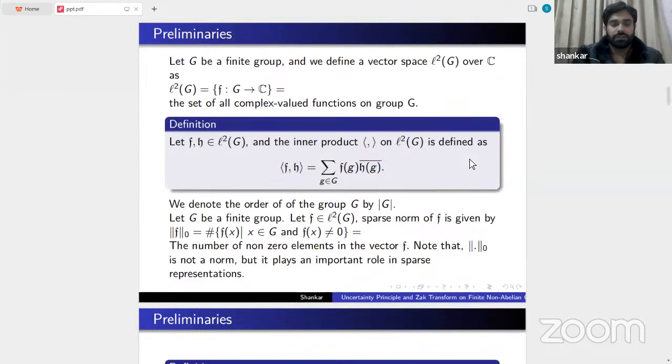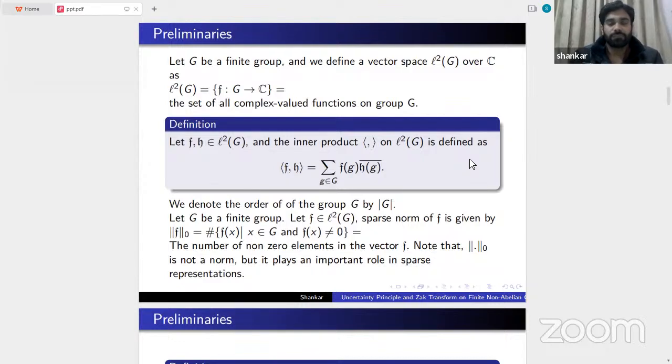So here are the preliminaries. First we have the definition of L square G. If we have a finite group G, then L square G is the set of all functions from G to the complex numbers. Then we have the definition of inner product.